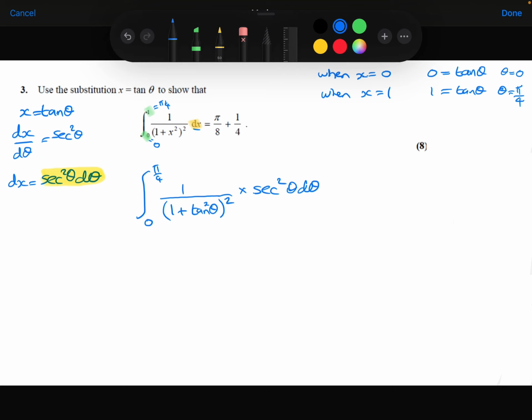Right, now let's try and simplify this a little bit. Now I notice I've got a 1 plus tan squared here, and I know that 1 plus tan squared is the same thing as sec squared. So I can replace that with sec squared.